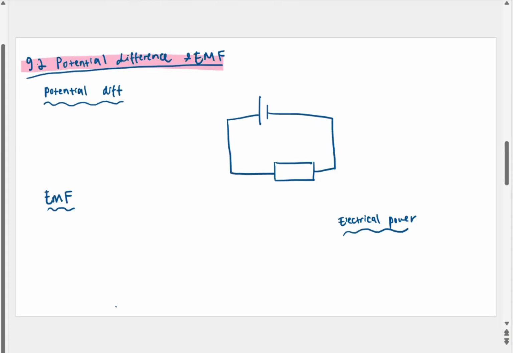Alright, now we are going to 9.2, where we are going to talk about potential differences and EMF. When we are talking about these two components in the electricity chapter, let's go directly. What is potential difference?